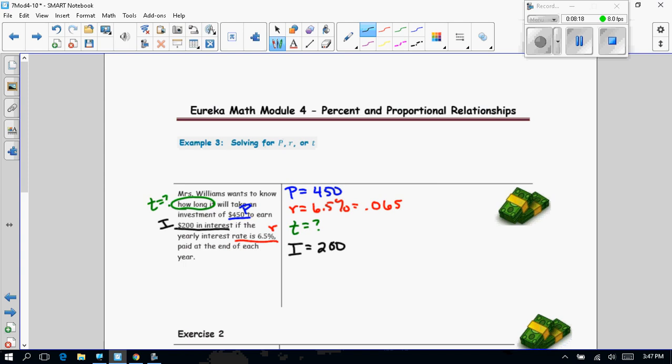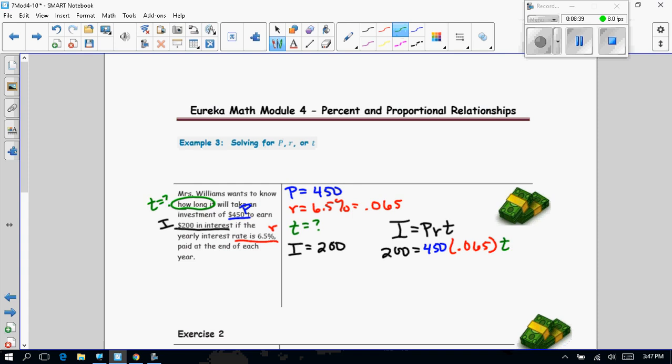Okay, so I = PRT. I'm going to drop these in. 200 is equal to the principal, which was 450, the rate, which is 0.065, and the time, which we don't know, so I'll use the letter T.